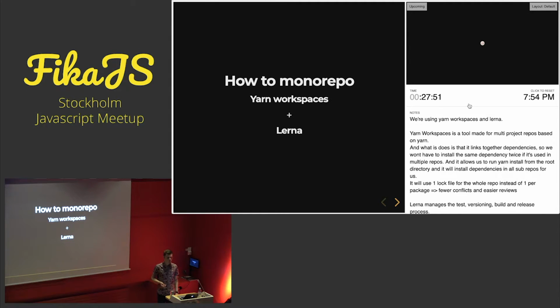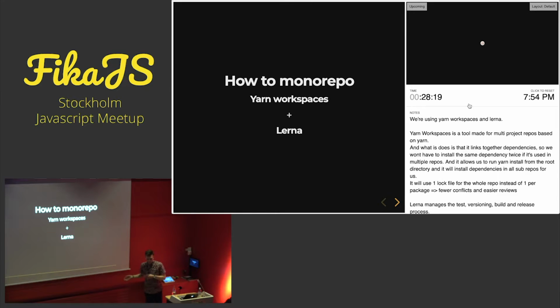Well, we use something called Yarn Workspaces and Lerna for this. Yarn is, as I mentioned, an alternative to npm, but it's more suitable for monorepos than npm is. What it does is allow us to link together shared dependencies in our monorepo in a very nice way.